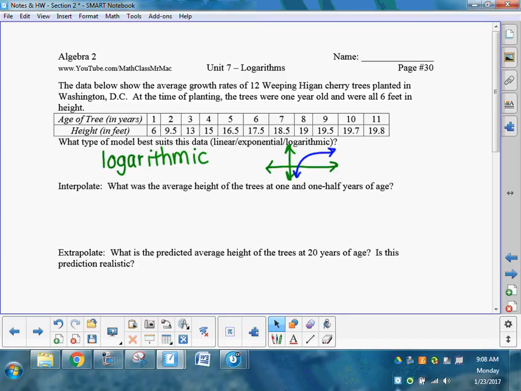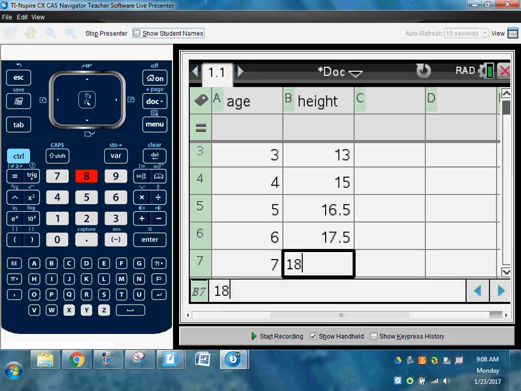So go in and input this data, and once you input it, I need you to do something with it. We'll go over it in a second.